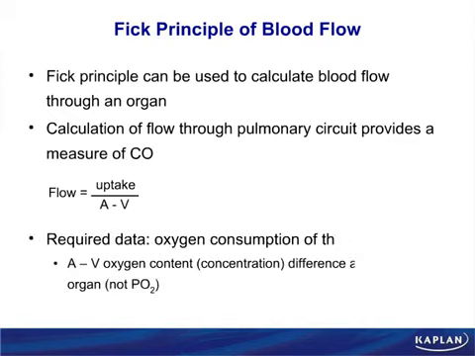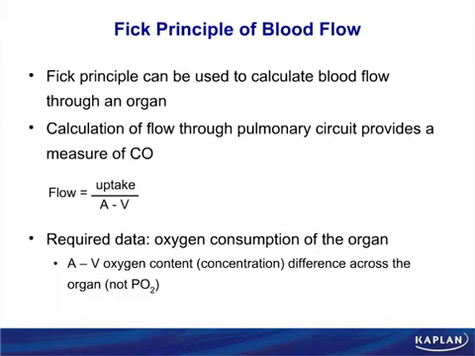Required data that we have to have is oxygen consumption or oxygen uptake and the AV-O2 difference. AV-O2 difference means oxygen content, not PO2. So it's oxygen content, not PO2.